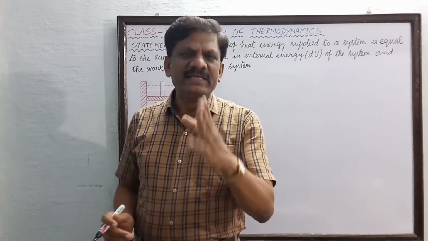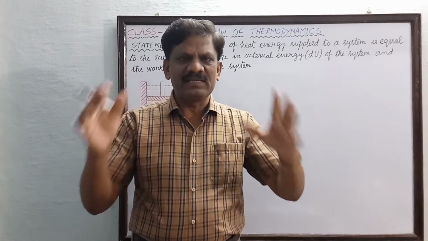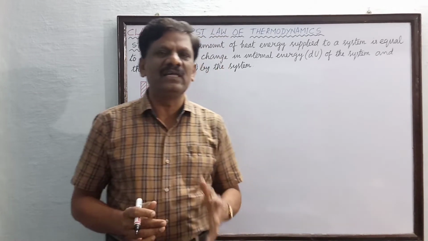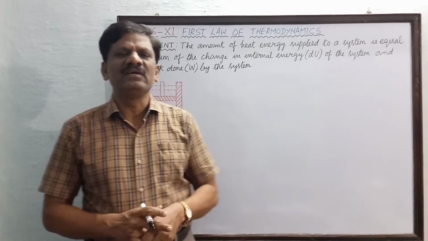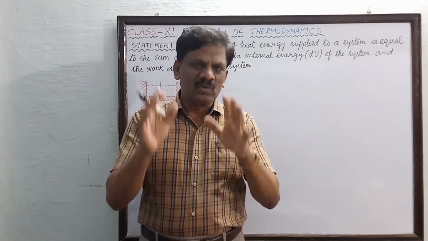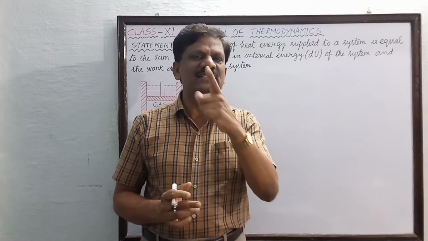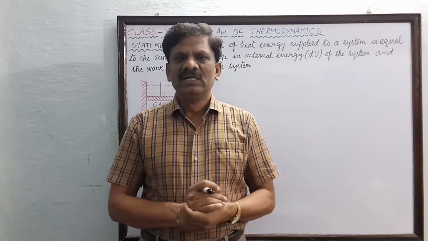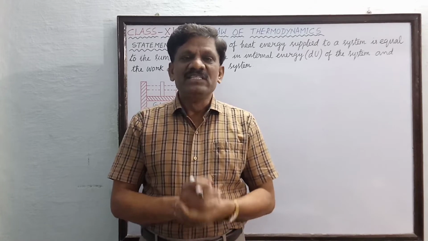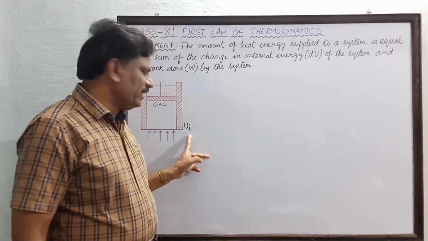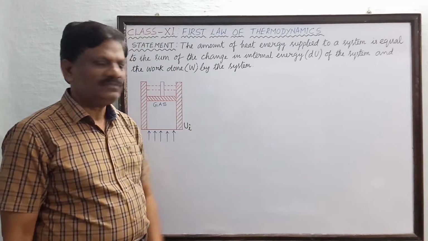We have studied that the internal energy of all the gas molecules is equal to the sum total of their kinetic energy and potential energy. So the total internal energy of the system, here gas being the system taken inside the container, is the initial internal energy, U initial, that is U_I.